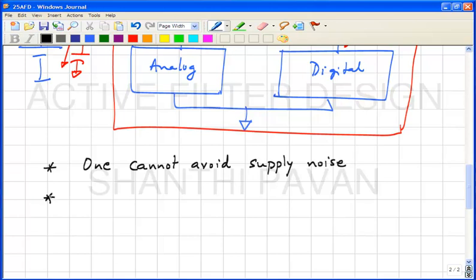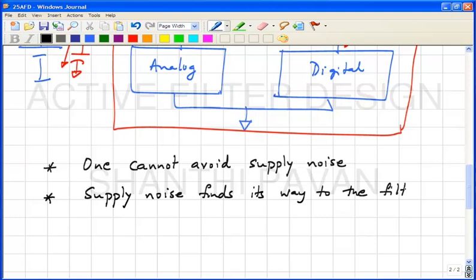And so another thing that we found, or rather you found through doing the fourth assignment, was that supply noise finds its way to the filter output, and this is obviously a bad thing.